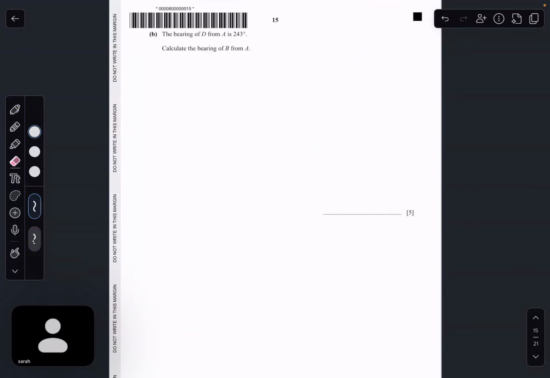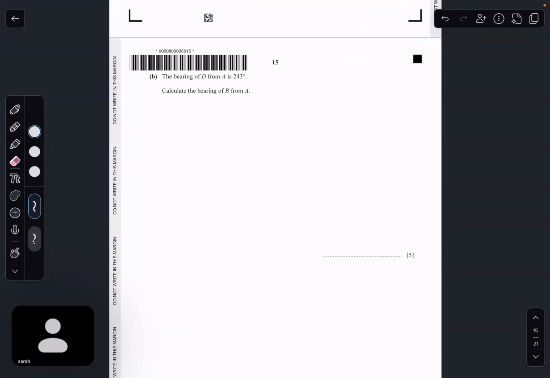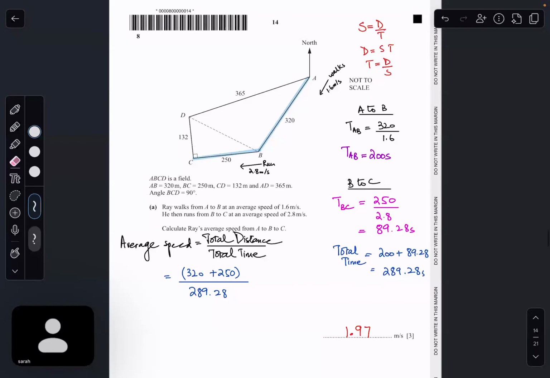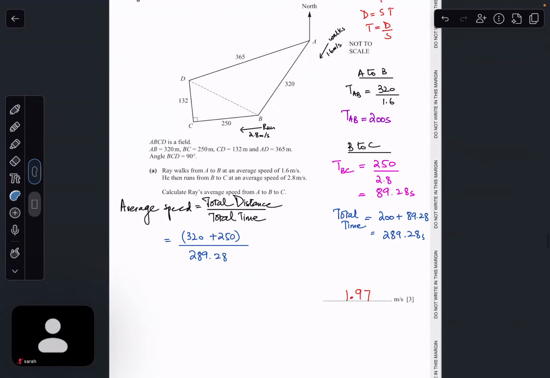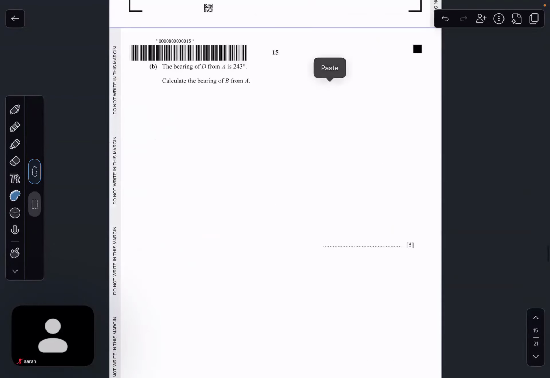So the bearing of D from A is 243. So let me get this. I don't know why it's not pasting.